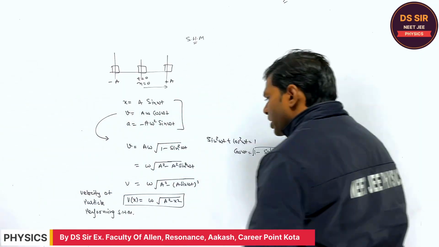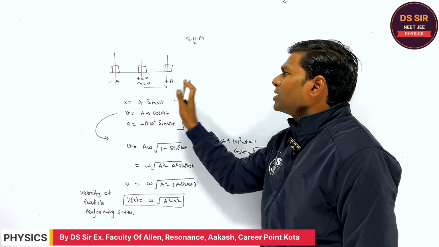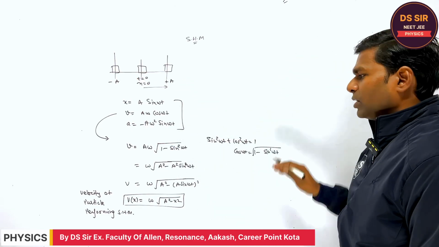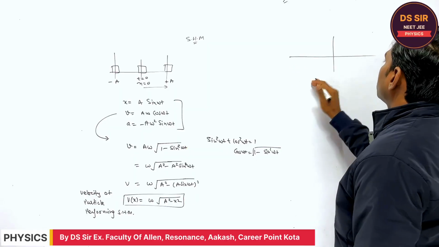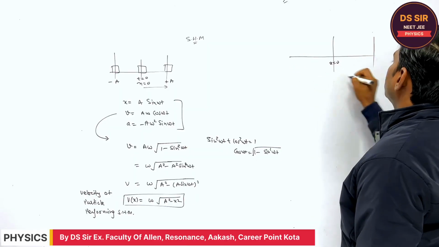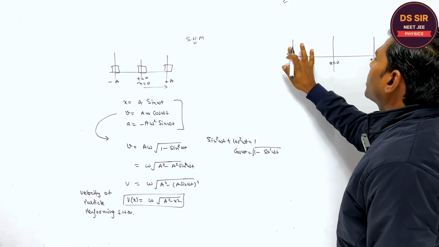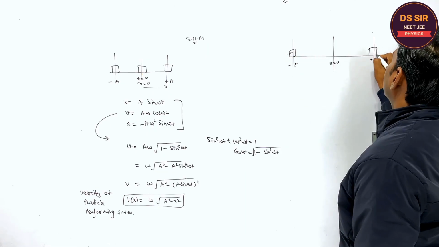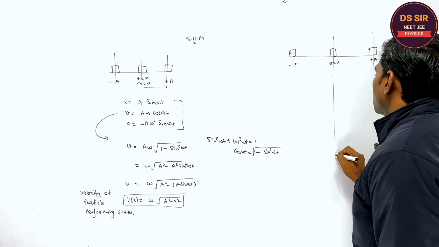Can you draw the graph between the velocity and x? X is the displacement from the mean position. For example, if this is the mean position, x is equal to 0. This is minus a, this is plus a. The object is performing oscillation about its mean position.